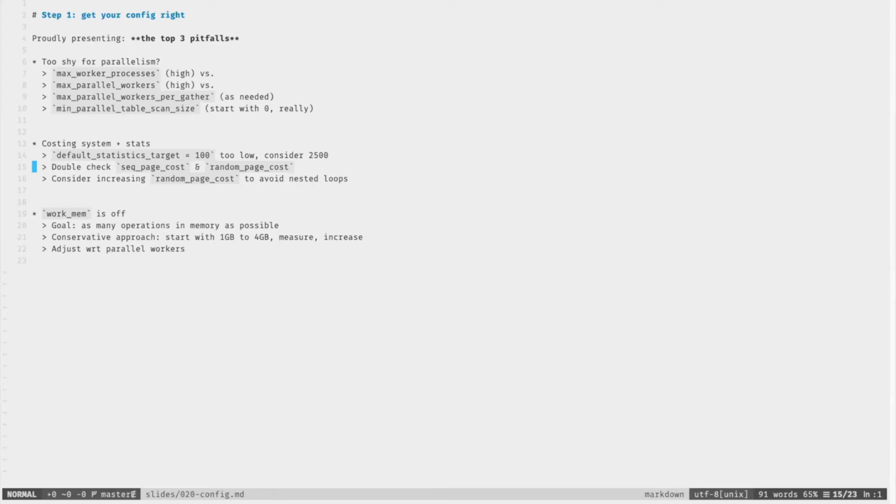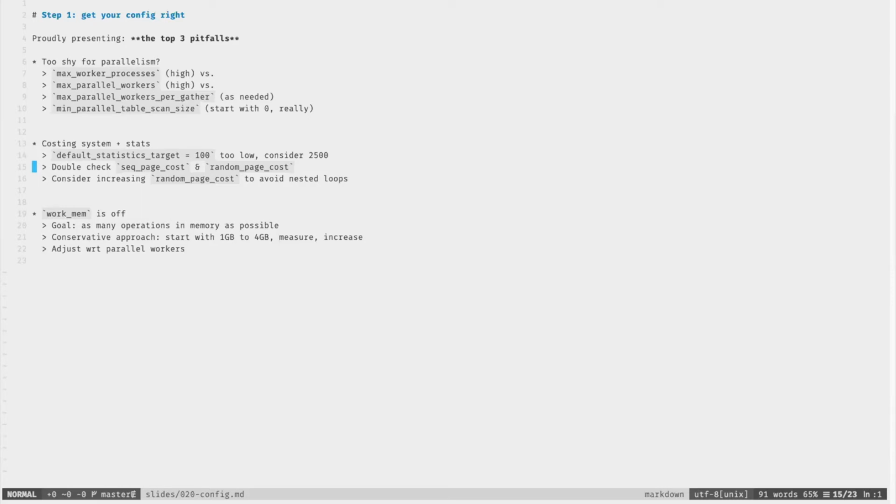Same thing goes for sequential page cost and random page cost. The deal here is that these are typically adjusted with respect to what your disks are doing, right? So if you have SSDs, for instance, which are becoming more and more the default storage, then one piece of advice could be that you can reduce your random page cost. Why?